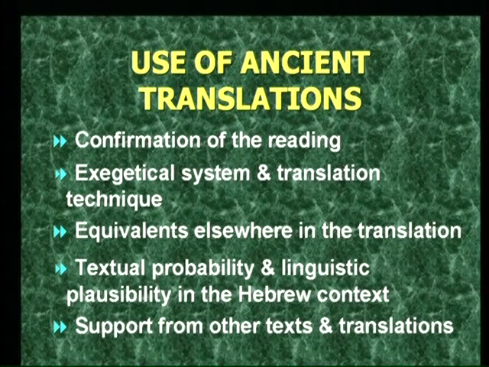The fifth point is then to go from that to find support from other texts and other translations. In other words, so you've resolved the issue of the coat of many colors in Genesis chapter 37. You must go to other passages within the text to find that out. You must go to other versions and translations to support it, especially for hypothesizing a change in text. But all of these have to be then supported.